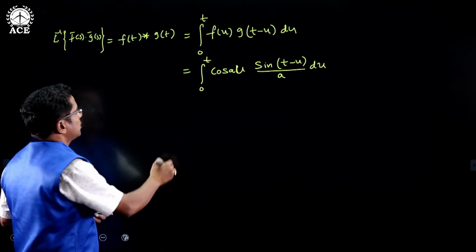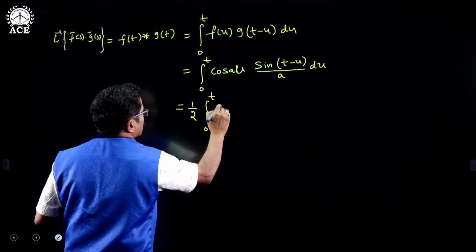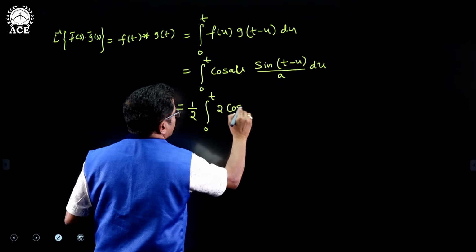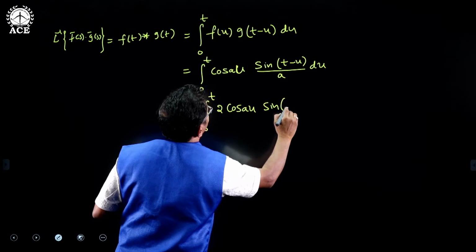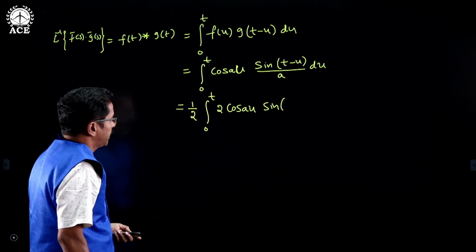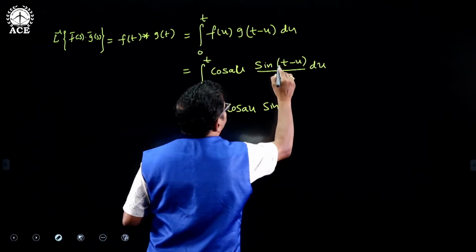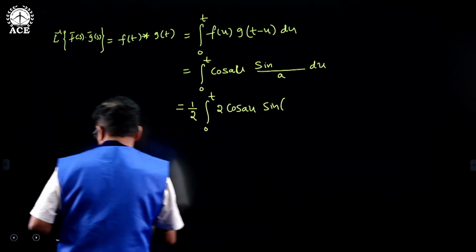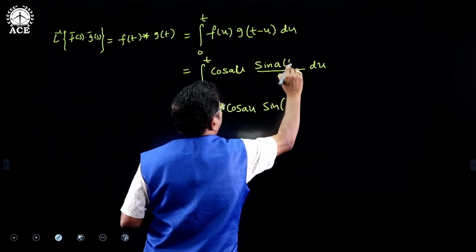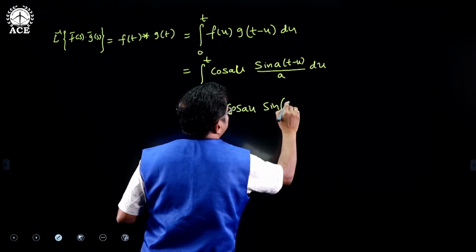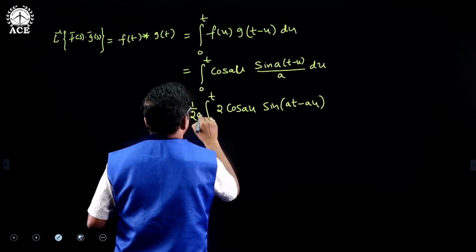Now here you multiply by 2 and divide by 2. Integration from 0 to t of 2 cos a u sin a into t minus u, that is sin of a t minus a u, by a; the 1 by a I will bring out.